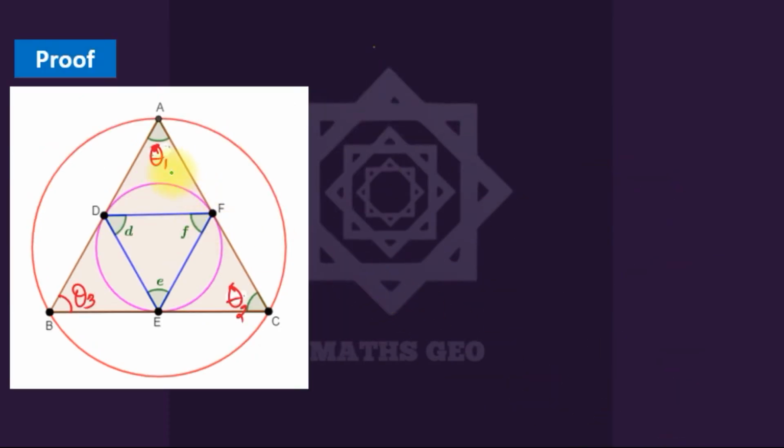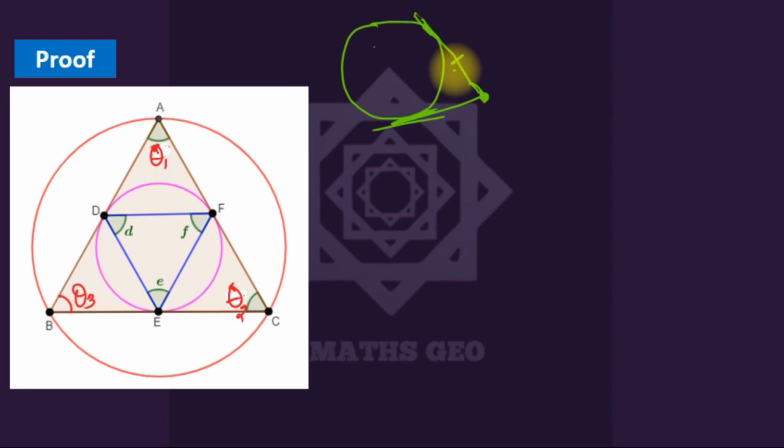So let's prove that. Assuming this is theta 1, theta 2 and theta 3, we're going to use the alternate segment theorem. There's a theorem in basic circle geometry that if you have two tangent lines with the same common point outside the circle, their lengths are congruent.